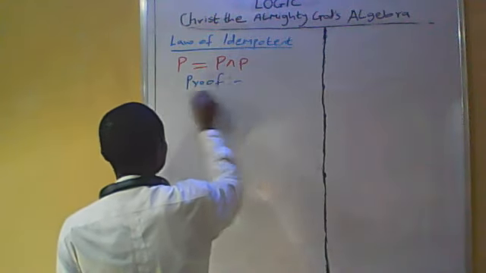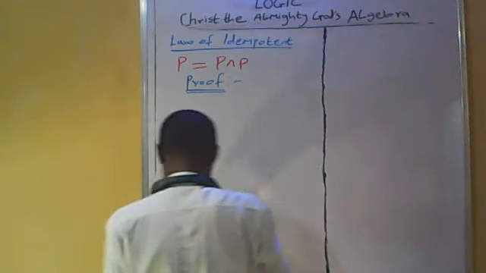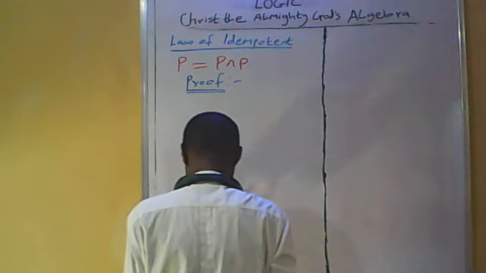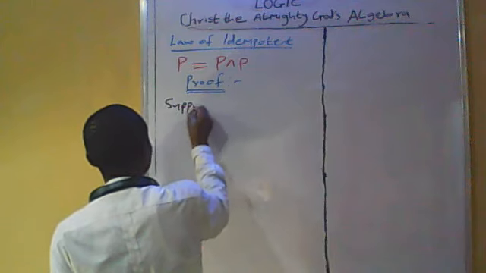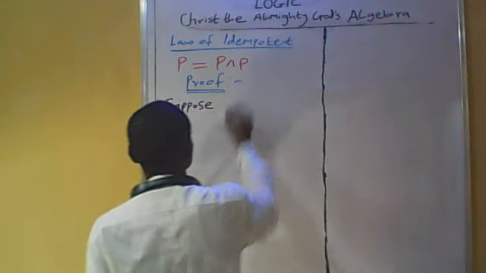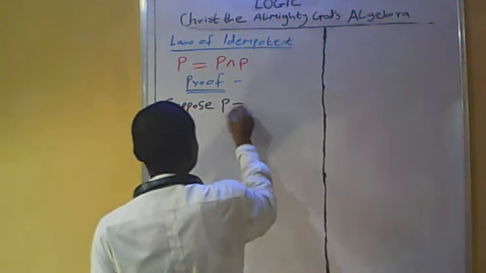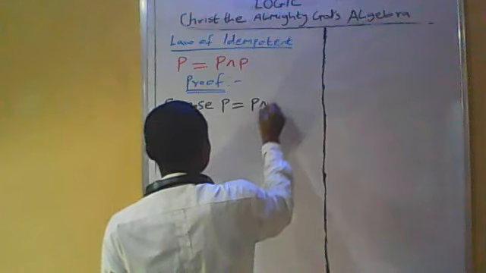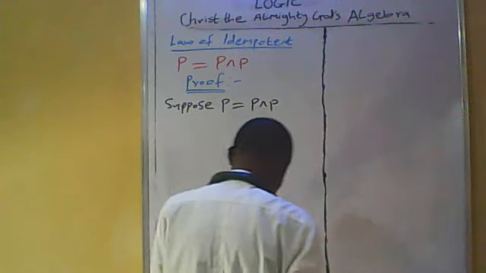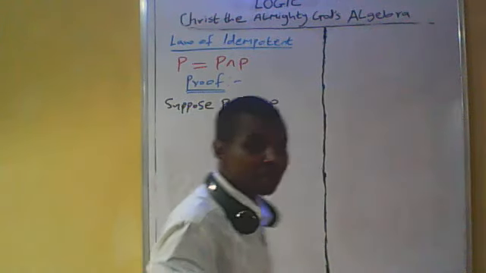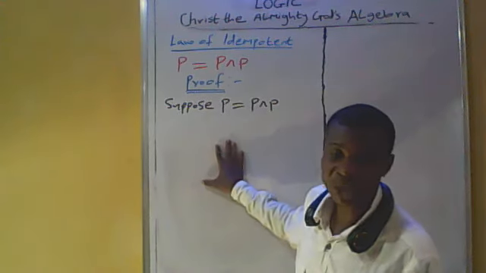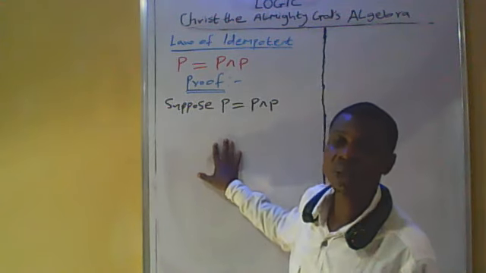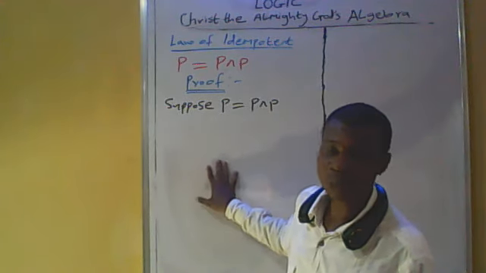Proof. Suppose P is equal to P and P. We assume that the statement is true and it is our hypothesis to prove law of idempotent.